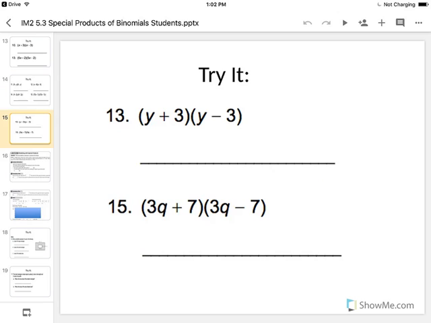Here's some more, try it. Once you get used to it, you can start using mental math to work out those that are the difference of two squares.